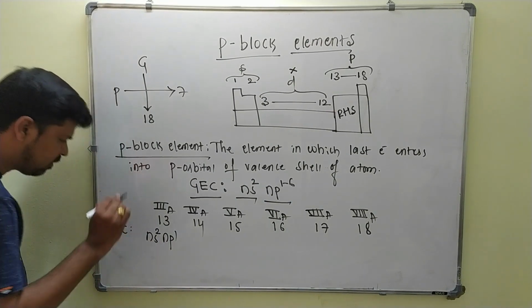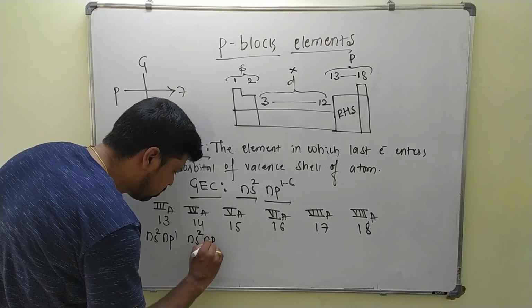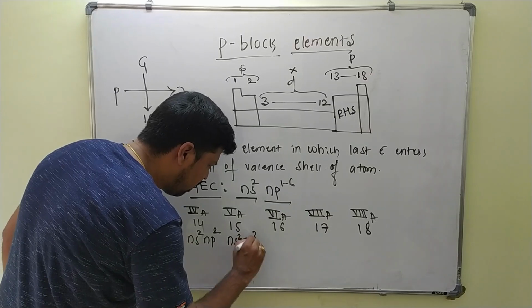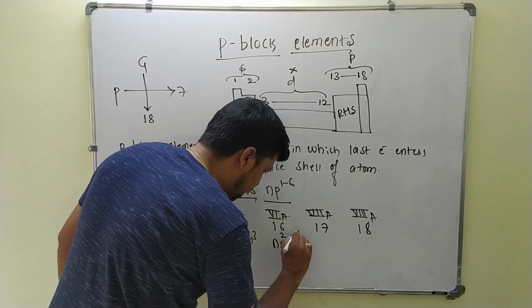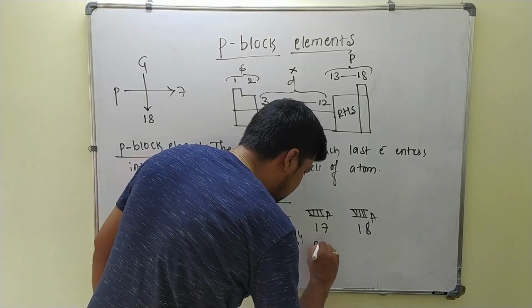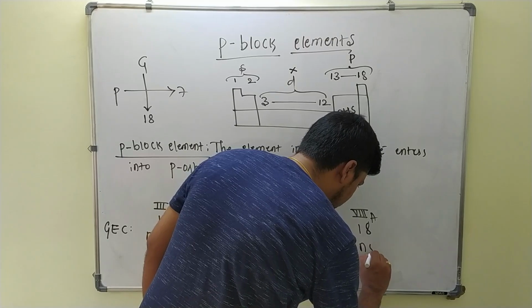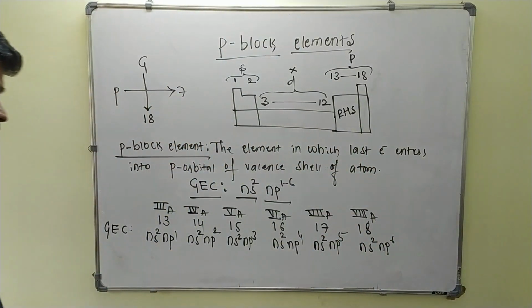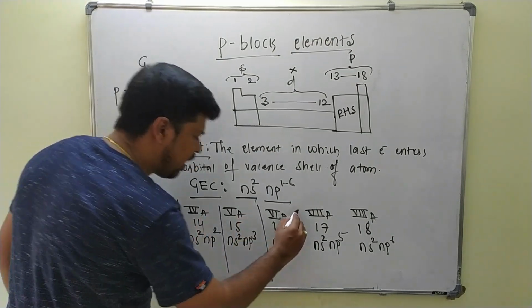For group 14 it is ns2 np2, 15 is ns2 np3, 16 is ns2 np4, 17 is ns2 np5, and 18 is ns2 np6. This is the general electronic configuration for each group of the P block elements.